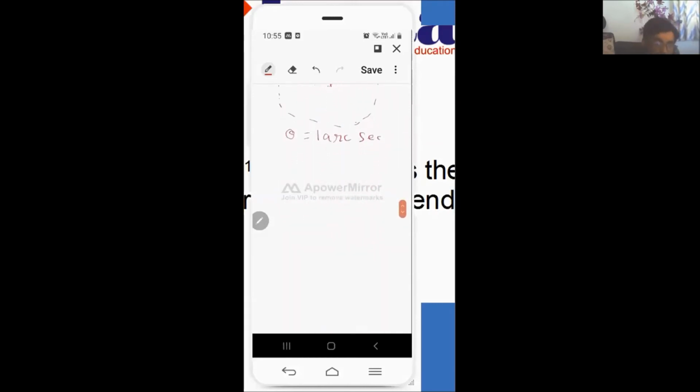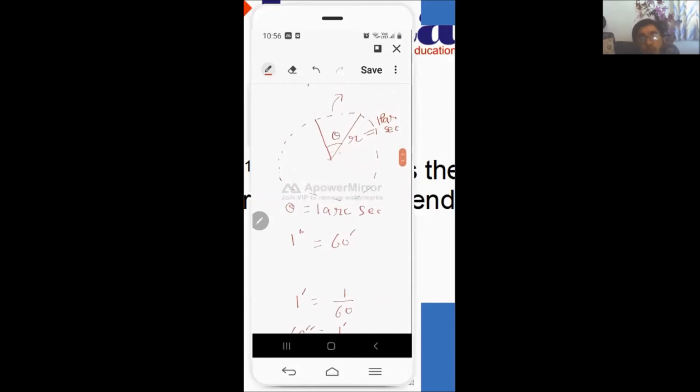What is 1 arc second? 1 degree is equal to 60 minutes. So 1 minute is 1 by 60 degree, and 60 arc second is 1 minute. So 1 arc second is 1 by 3600 degrees. So the angle which I have drawn here is magnified.